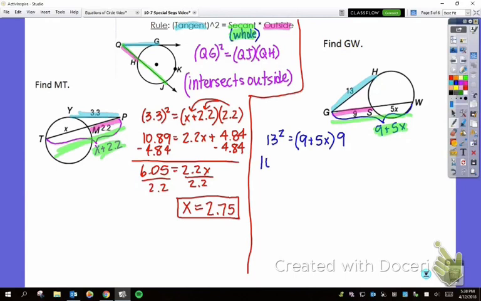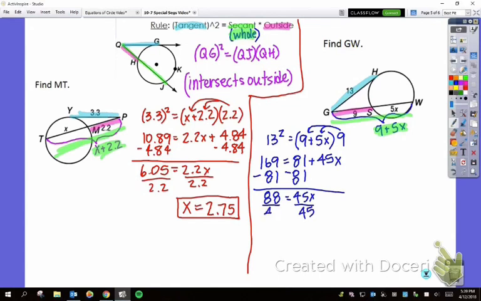13 squared is 169. Here we need to distribute, so 9 times 9 is 81. 9 times 5x is 45x. We're going to subtract 81 on both sides, and we get 88 equals 45x, and when you divide by 45, you would get x equals 1.99, repeating, and a 5 on the end.